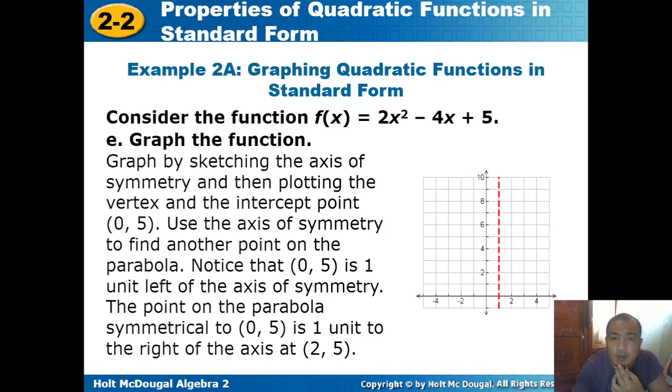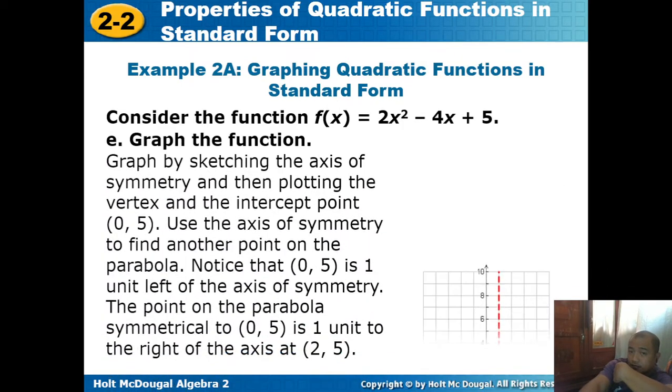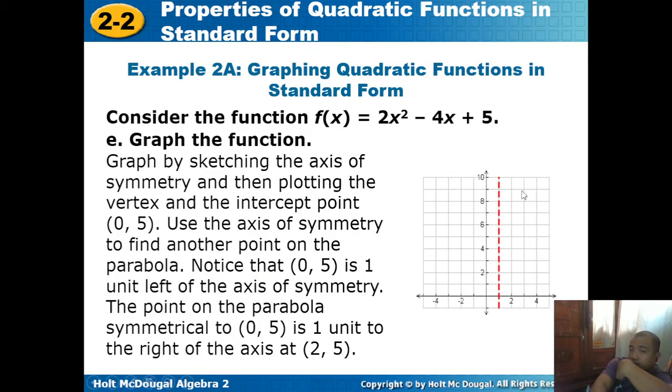So the axis of symmetry is, yes, we are trying to graph the same function as in the previous example. So what is the vertex? The vertex is (1, 3), while the axis of symmetry is x equals 1. (1, 3) is the vertex.